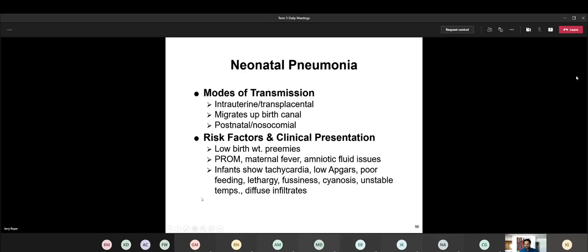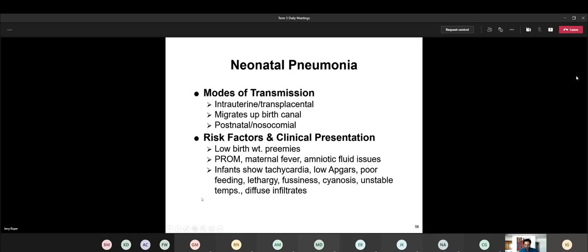So with pneumonia, it's what you expect. You expect them to be tachypneic, tachycardic. And if you did APGAR scoring, their APGAR scores may show that they're not doing that well as far as transitioning.